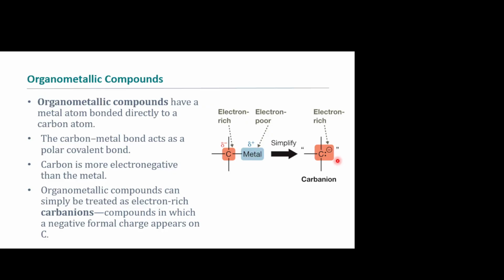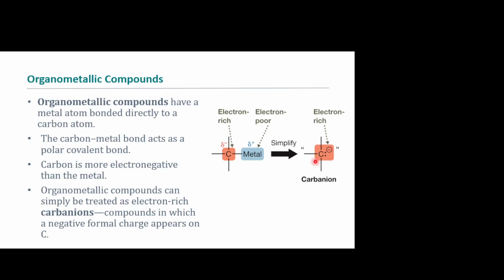Metals are going to be quite stable as their cation forms, as you've experienced throughout general chemistry, right? Fe3 plus, Fe2 plus, etc. Now, this is a carbanion, by the way. That's simply a carbon that has a negative charge and a pair of electrons on it. And so this would actually be a carbanion.